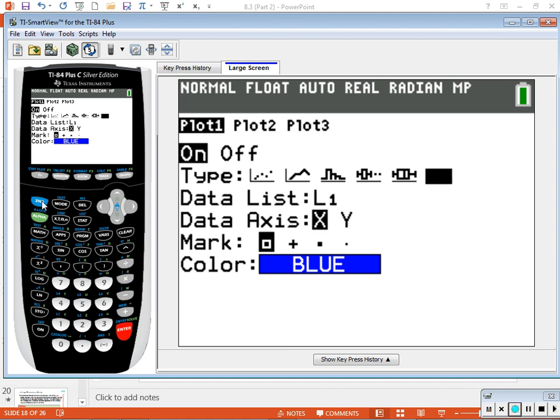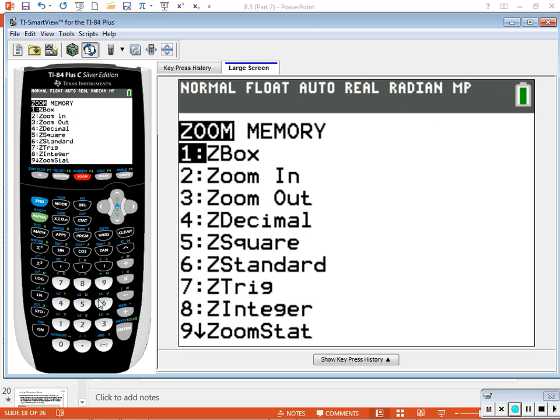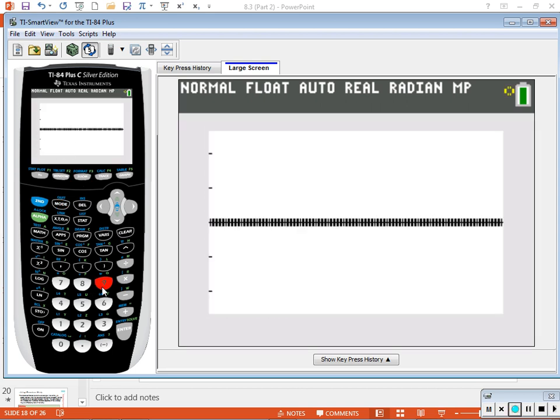If I do this and I do a zoom stat, and I take a look at the graph here, once again what I'm looking for is, do I get a normal probability plot that's roughly linear? If you take a look at this graph, you can see here, you get a plot that appears to be fairly linear.